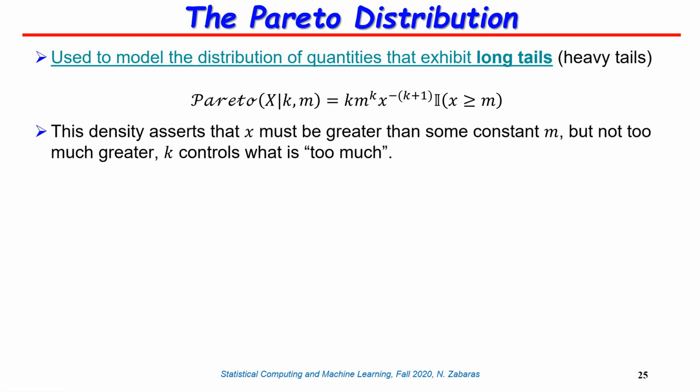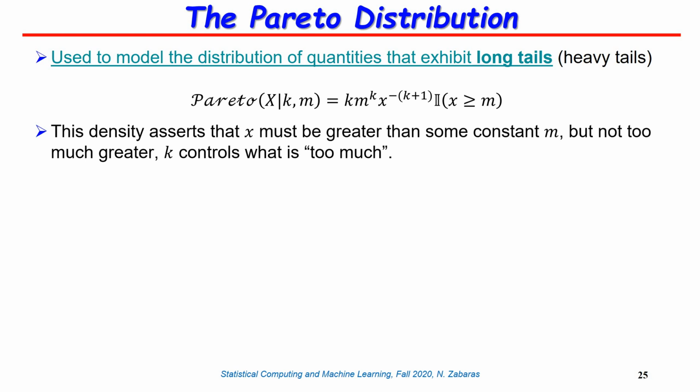And where do we use this weird looking Pareto distribution? We're actually using it in situations where the things we want to model are not evenly distributed. And a typical example where things are not evenly distributed are things like the wealth in a population, because as you know, very few people are rich and most people are very poor, or as they say, 1% of the population holds 99% of the world's wealth.